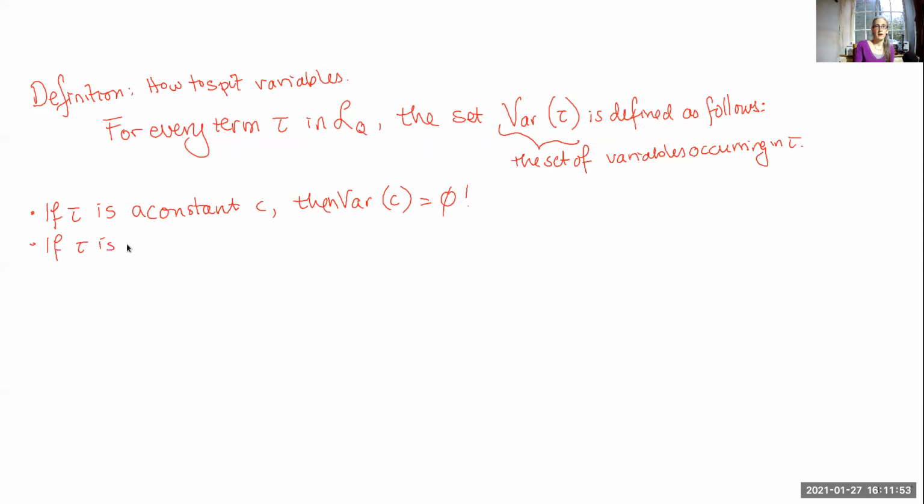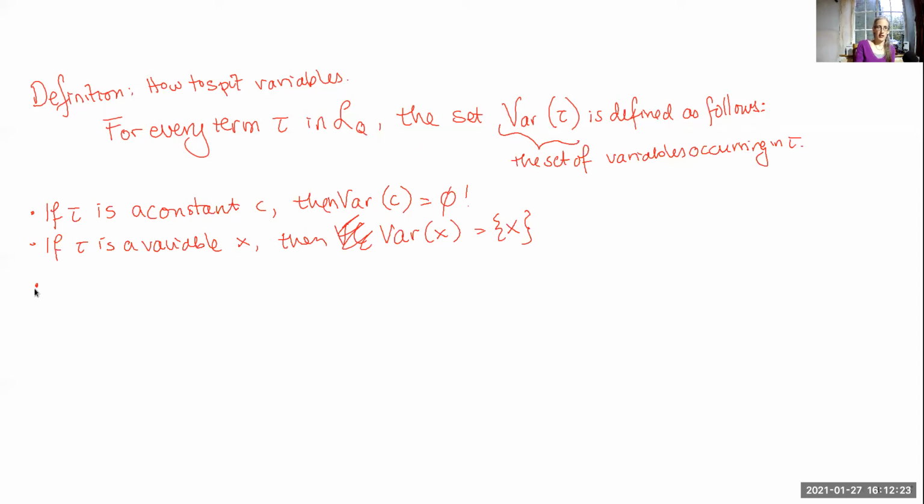If tau is a variable x, well, what variables are going to be in the set of variables occurring in this term? Var of x is just going to be the set containing x. So the base cases are easy. Constants do not contain variables. Variables are variables. And so the set of variables in a variable is the set containing that variable.